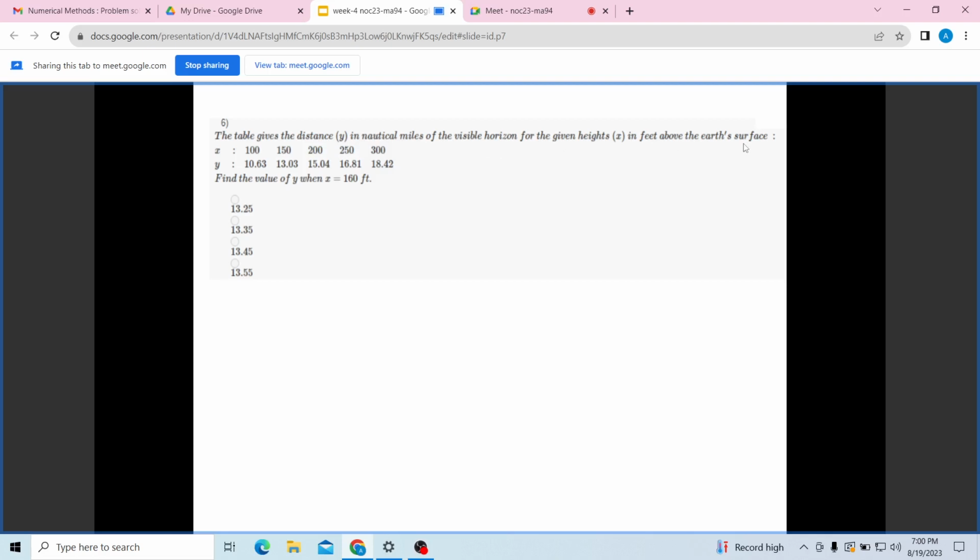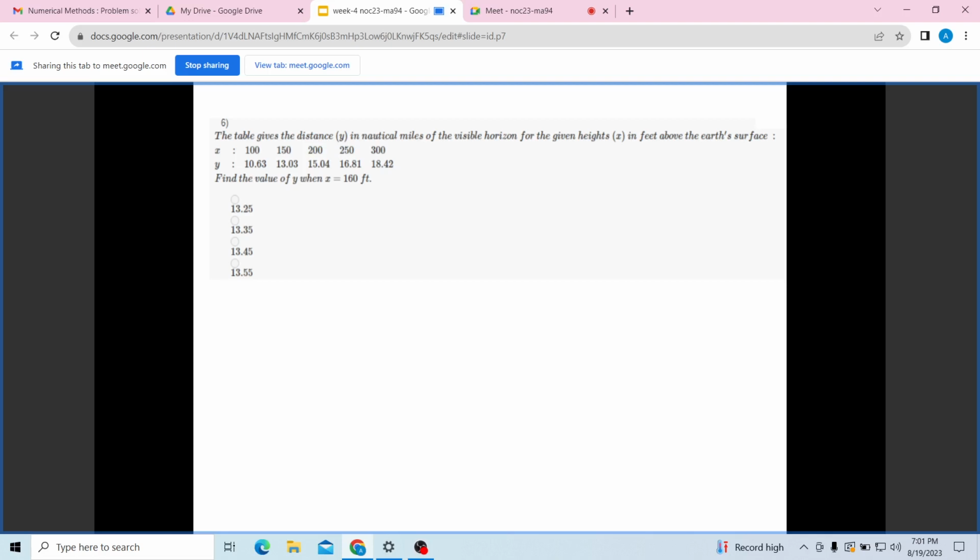Okay, so simply you have been given the distance value of y, at given heights x. So you have to find the value of y when x is equal to 160 feet. So what will be the distance in nautical miles when x will be 160 feet? Okay, so simply you have to interpolate the value at x equals 160. Fine.